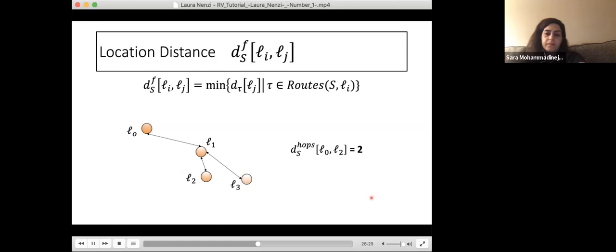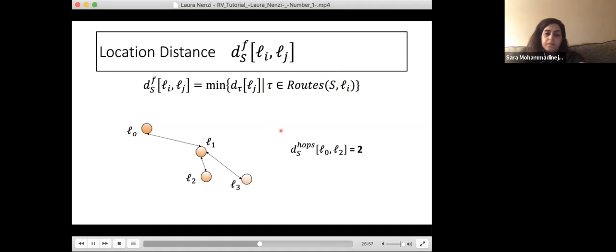Then you can define the location distance, that is the distance between two locations, as the minimum considering all possible routes that start from Li and end in Lj.